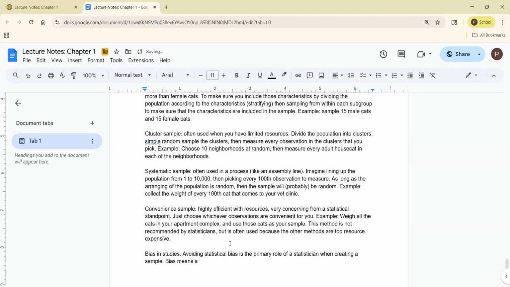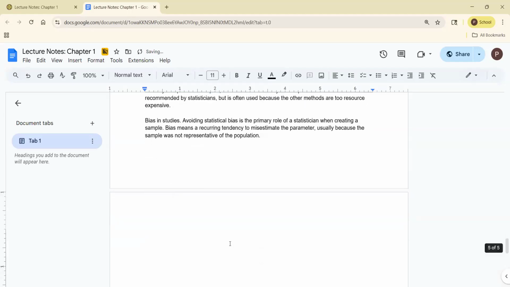Bias means a recurring tendency to misestimate the parameter, usually because the sample was not representative of the population.